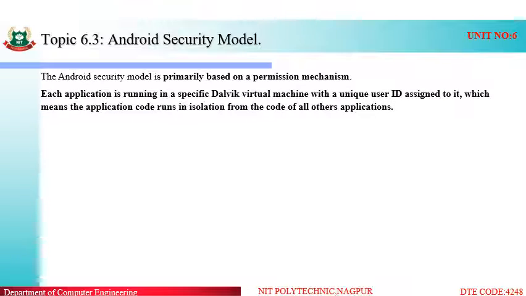So each application is running in a specific DVM, that is our Dalvik virtual machine, with a unique user ID assigned to it. Suppose inside our application we consider three activities simultaneously running inside the system. In that case, the DVM will assign a unique ID to each activity, which means the application code runs in isolation from the code of other applications.